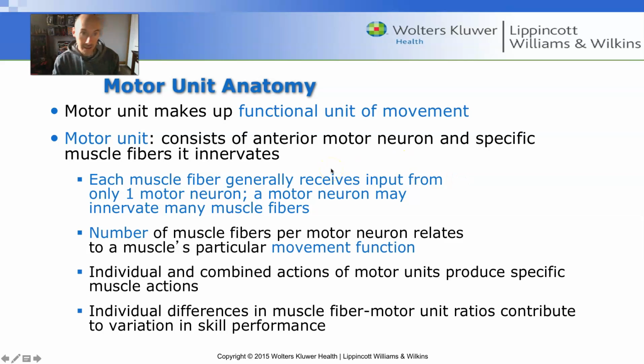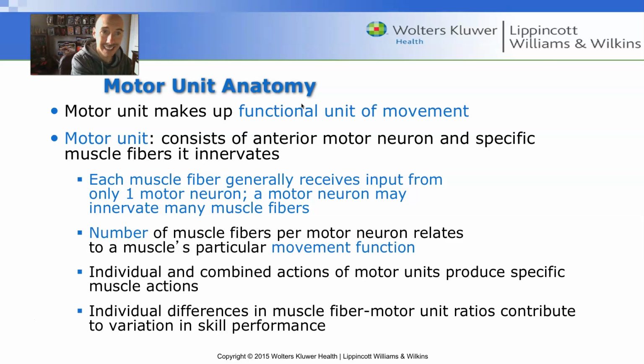A motor unit then is made up of, we see the definition here in blue, one motor neuron and every muscle fiber it touches. So we have thousands, millions of motor units in our body. A motor unit is referred to as the functional unit of movement. One motor neuron and every muscle fiber it touches is called a motor unit, okay?